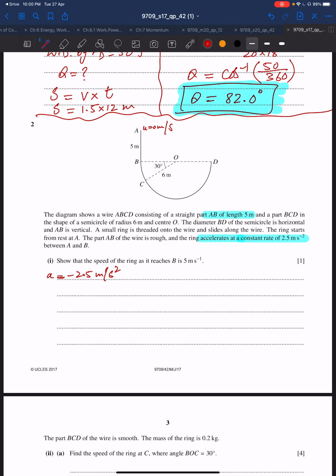Show that the speed of the ring as it reaches B is 5 meter per second. There is distance involved, s is equal to 5 meters, and the initial speed is given to you, that is 0 meter per second.